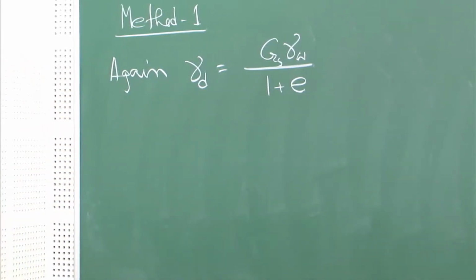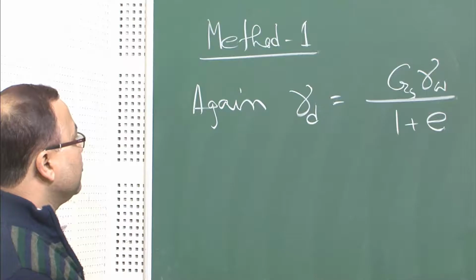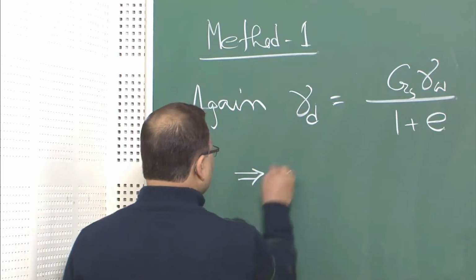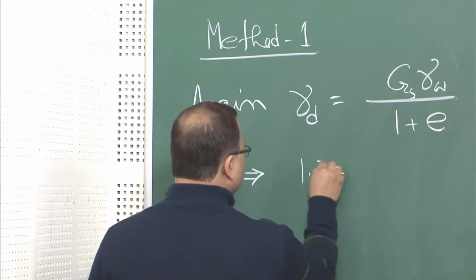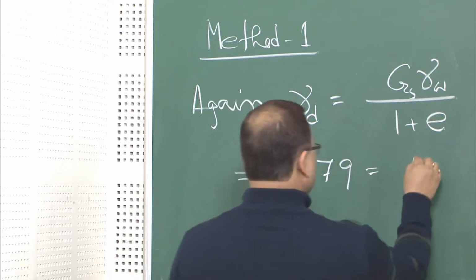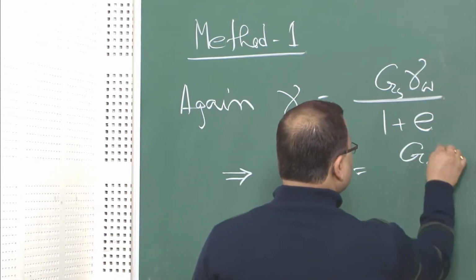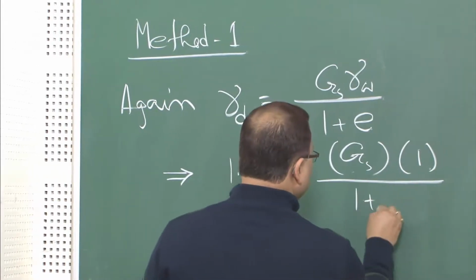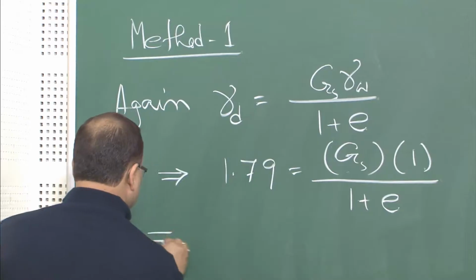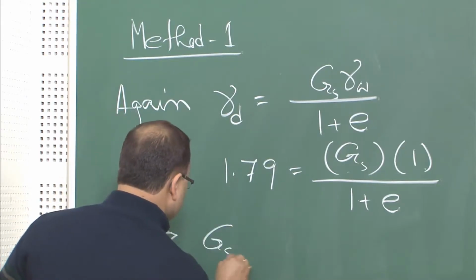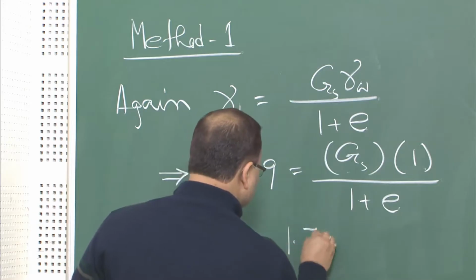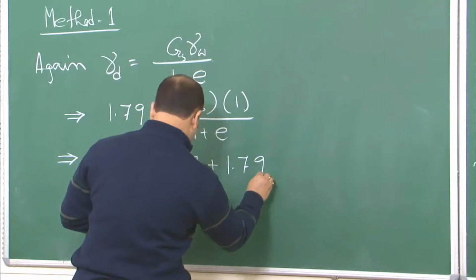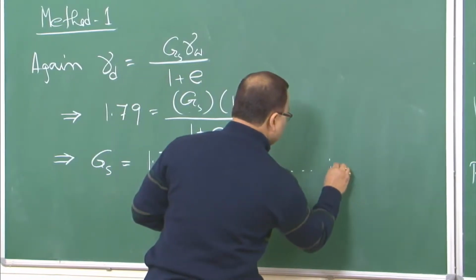Gamma D can be expressed as Gs into gamma W by 1 plus e. Now, if you put all the values, gamma D, which we have already calculated, 1.79, is equal to Gs into 1 by 1 plus e, and from this we can calculate Gs equal to 1.79 e plus 1.79, say equation 2.